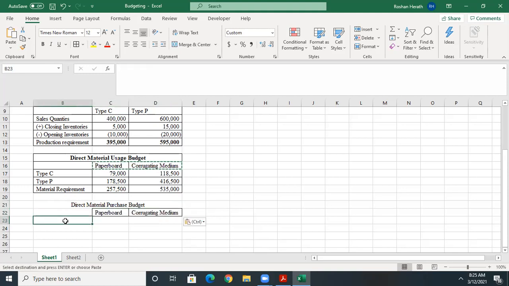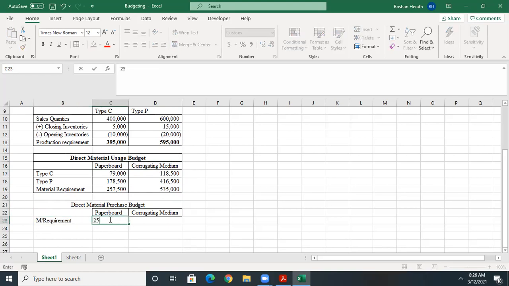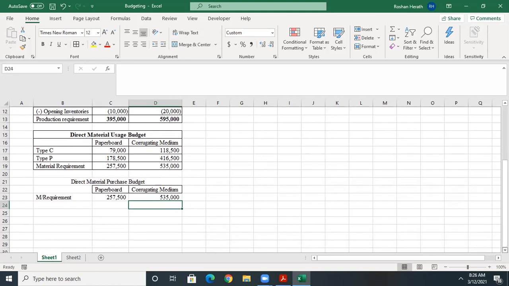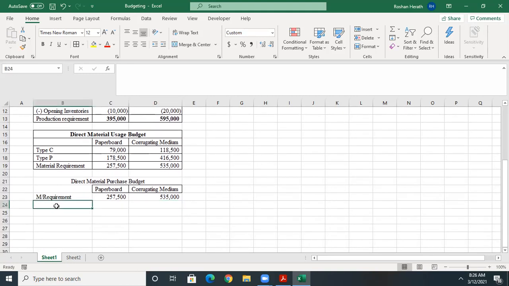Then you get the material requirement. You start with the material requirement. The requirement is 257,500 and 535,000. Then if you have some closing inventory, you need to add it.